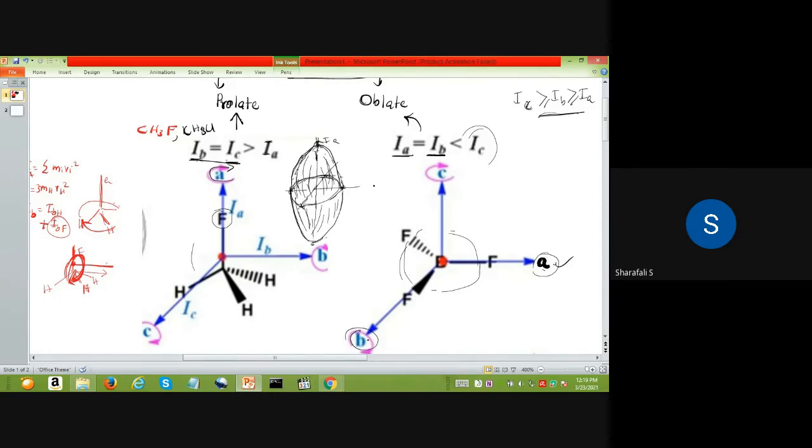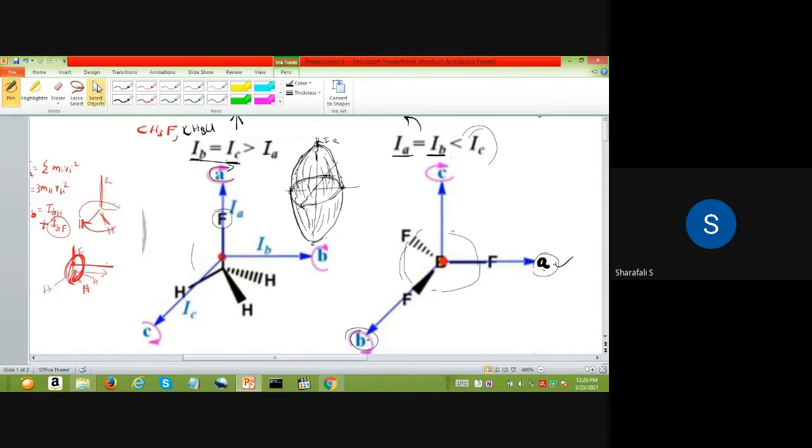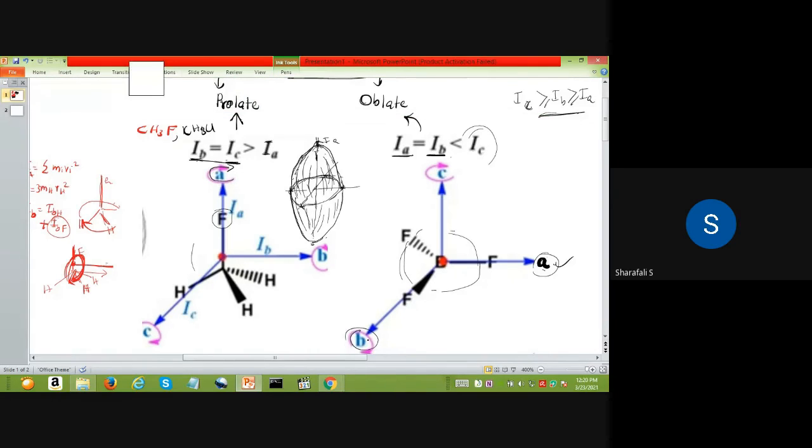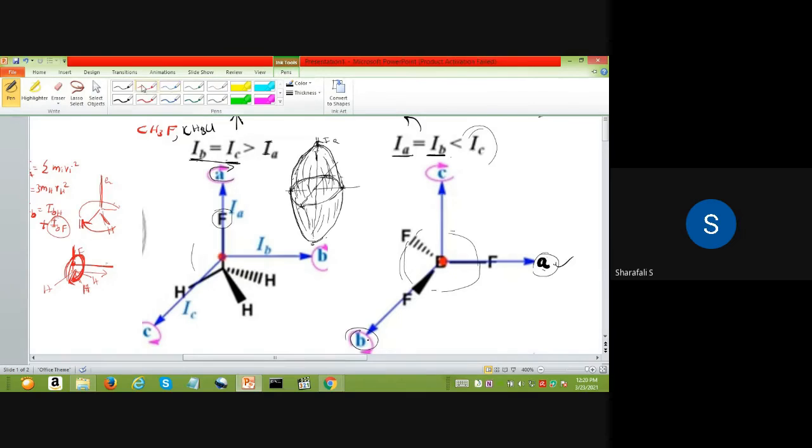And if you consider this case of oblate, what will happen? You will have IA equal to IB. So your IA is this, IB is this. IA should be smaller here, right?